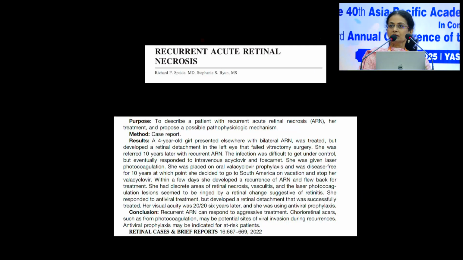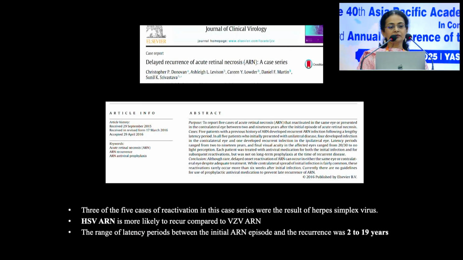So the challenge is there are cases of recurrent acute retinal necrosis which have been reported, and there is no evidence of delayed recurrence of AN, and what is said is that herpes AN is more likely to recur as compared to VZV AN, though recurrence is extremely rare.